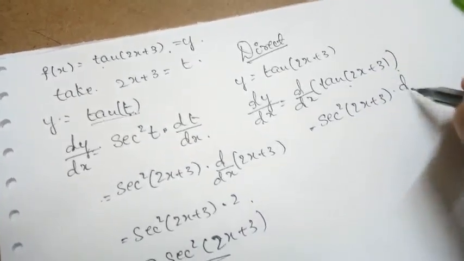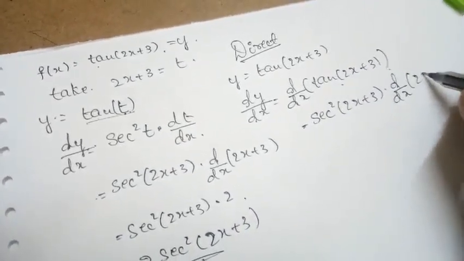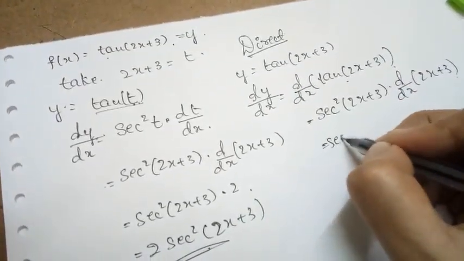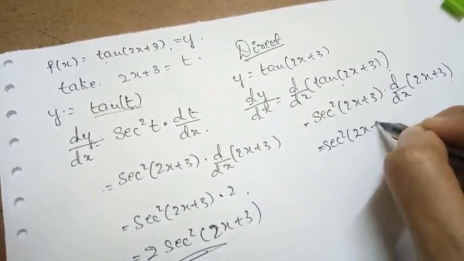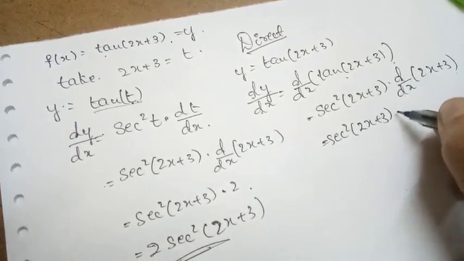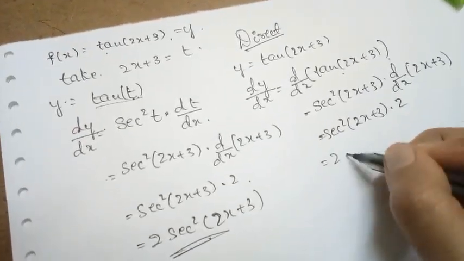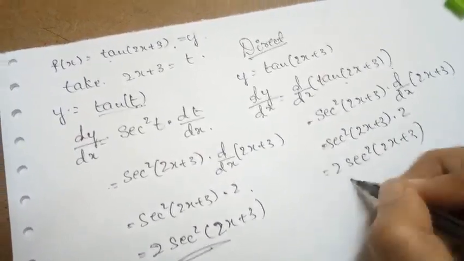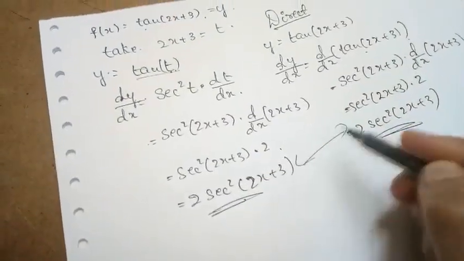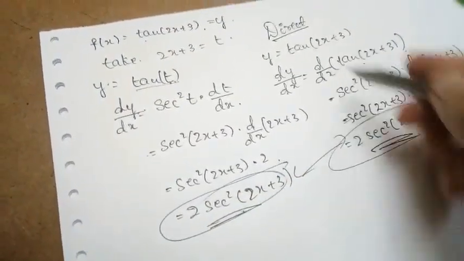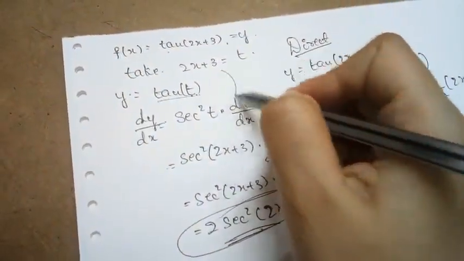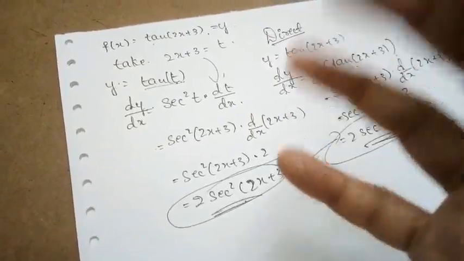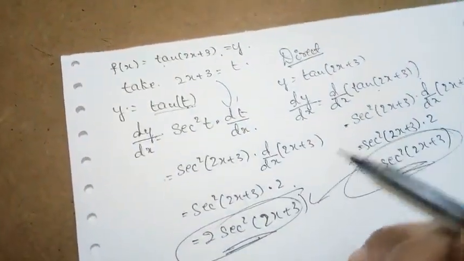Again 2x plus 3 is a polynomial function, so we need to find the derivative of that one. The derivative of 2x plus 3 with respect to x is 2. So the derivative is 2 times secant square 2x plus 3. So you can see here both are one and the same answer. So this is the direct method, direct substitution, and this is the step-by-step process of getting the answer. Both are the chain rule only.